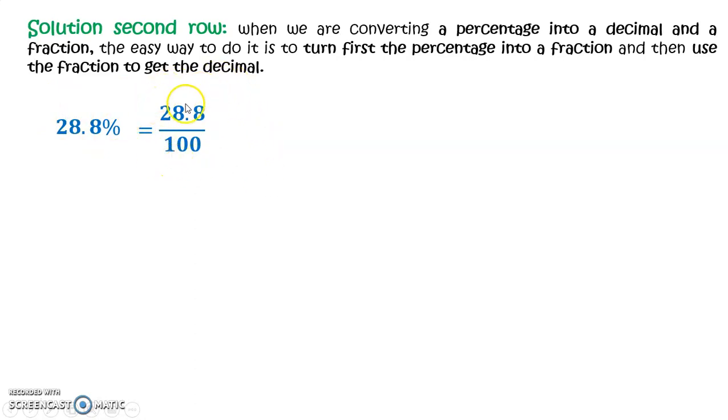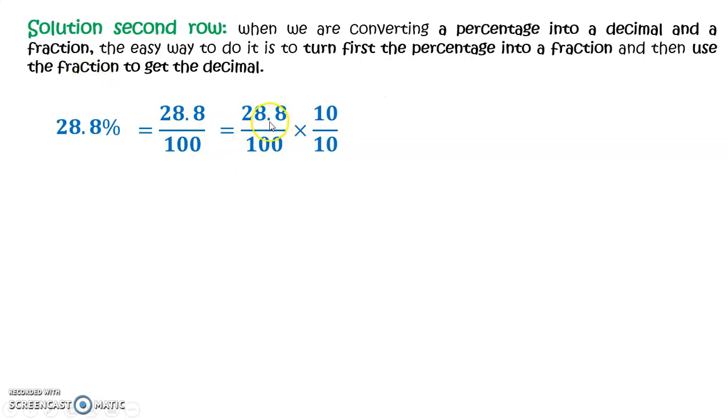Why is this one not a fraction? Because we have a decimal number on the top, and it cannot be like that. Both numbers must be integers. So for turning this decimal number into an integer, we're going to amplify this fraction. So we're going to multiply by 10 over 10 the fraction.